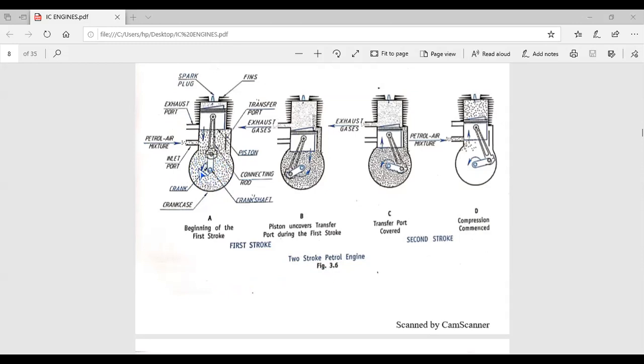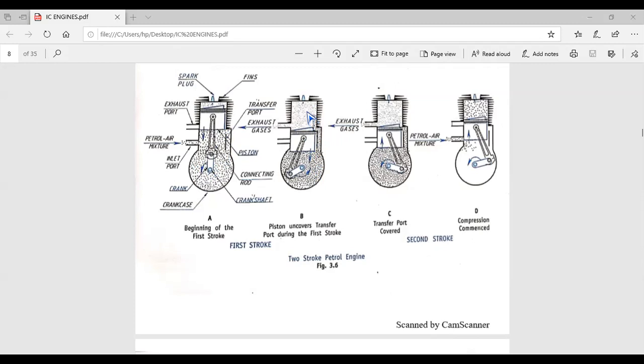When the piston moves in the downward direction, the transfer port is open and the compressed air and fuel mixture rises upwards in the cylinder. All of you observe here, the transfer port is open, and the air and petrol mixture present here rises inside the cylinder.